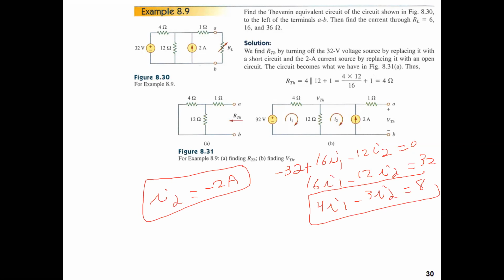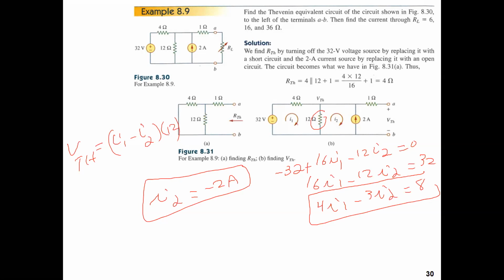So again, VTH is equal to I1 minus I2 multiplied by 12. So we have to find the current here in the branch of the 12 ohm resistor, which is I1 minus I2. Why did we say VTH is equal to I1 minus I2, not I2 minus I1?